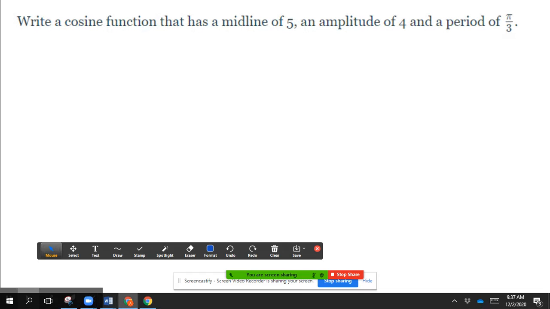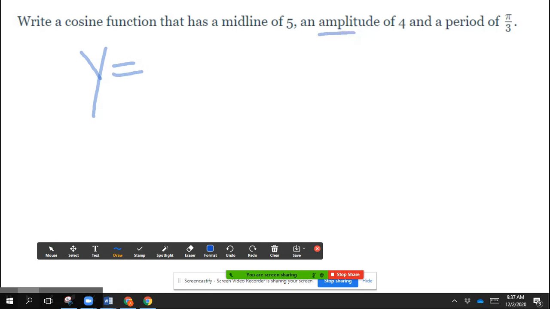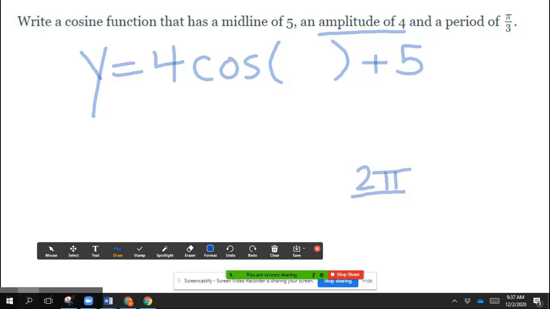Next question, write a cosine function that has a midline of 5, an amplitude of 4, and a period of pi over 3. So I'm going to set it up. y equals, my amplitude is 4, so I'm going to start with 4 cosine. I'm not going to solve for my b yet, but I know my midline is 5, so I'm going to do plus 5 at the end. Period is pi over 3, so I say 2 pi over b equals pi over 3.